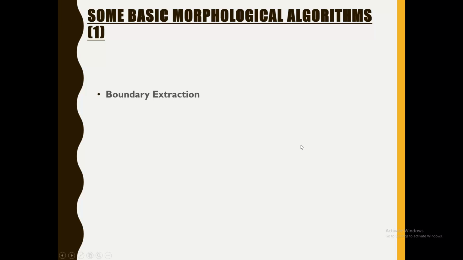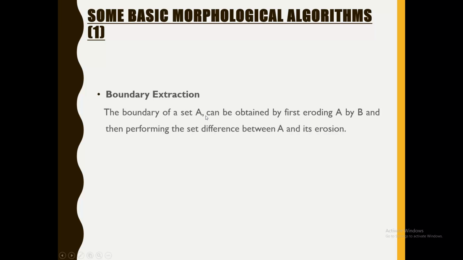Now there are some basic morphological algorithms. First one is boundary extraction. The boundary of a set A can be obtained by first eroding A by B and then performing the set difference between A and its erosion.